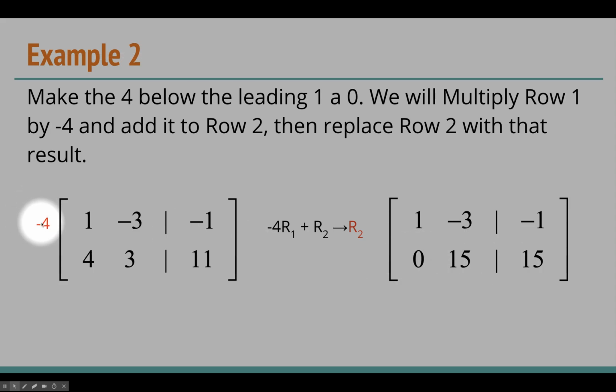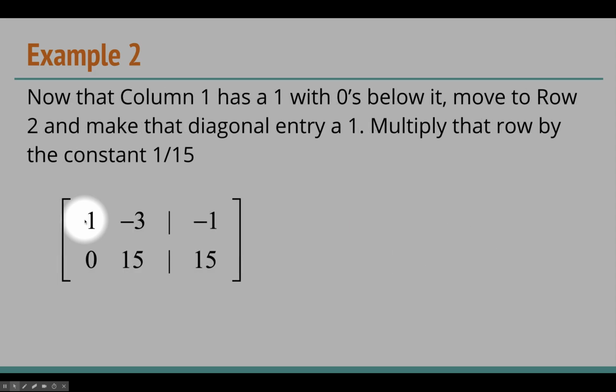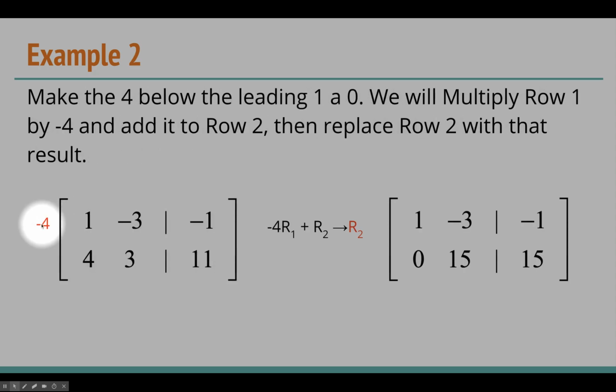So here's how it works. We take -4, that constant, times this entry. Sorry, -4 times this entry is -4, plus the row below it is going to give me 0. So that's how I get this 0.